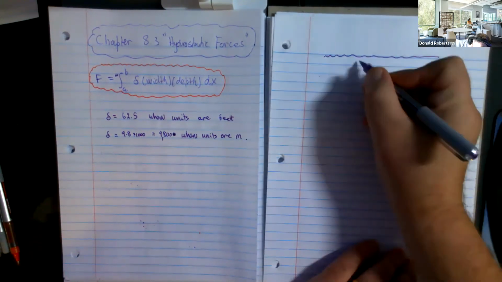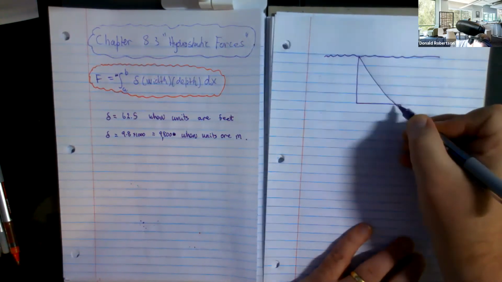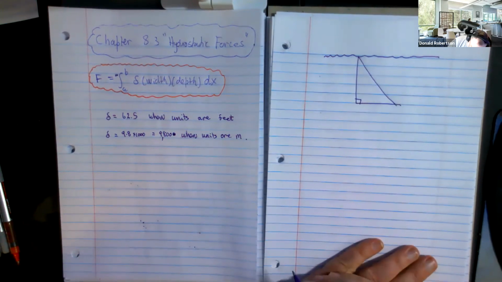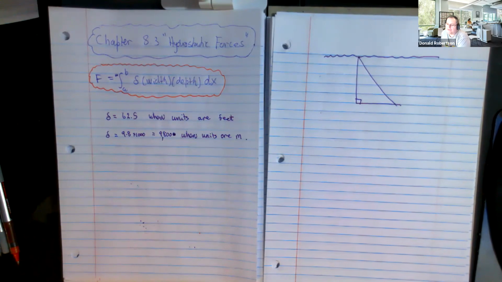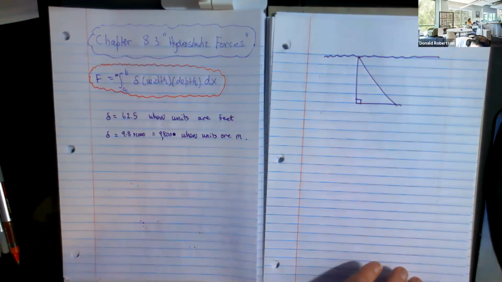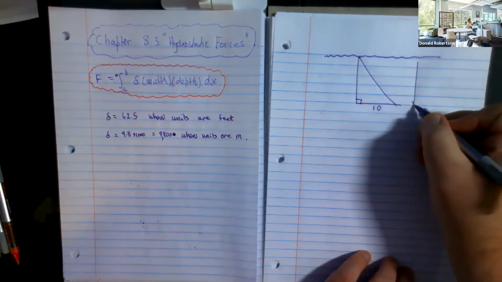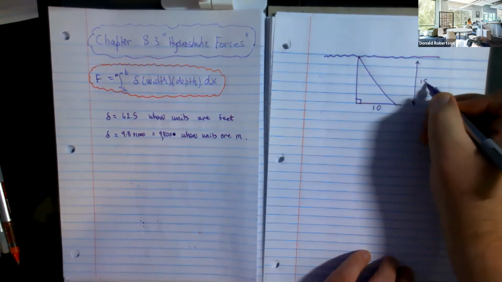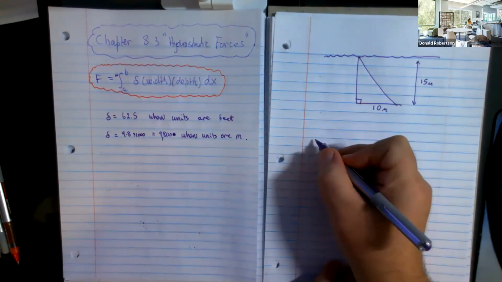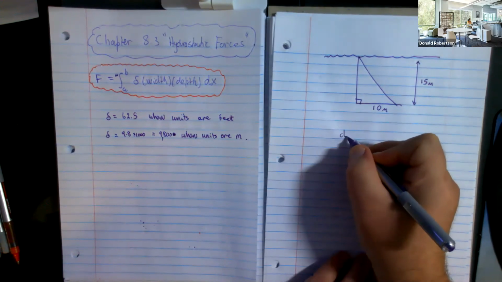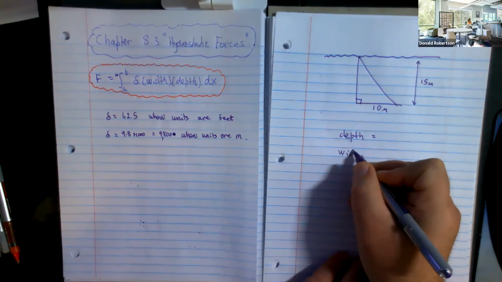Here's a water line. Here is a triangular plate, and it's designed so that the tip of it is right on the surface, right? And I'll make this 10, and I'll make this vertical distance, the height of the triangle, 15, and we'll have it in meters. So I need to find what the depth is and what the width is.